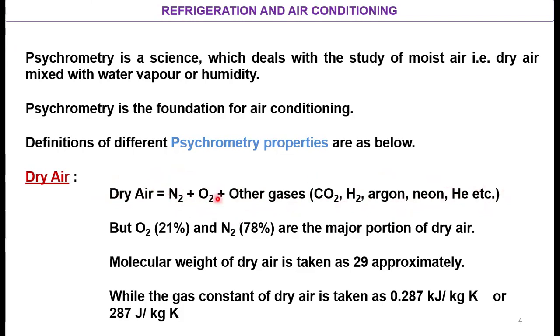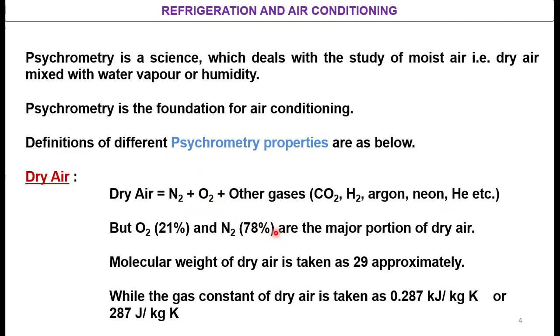And we know that out of this mixture, oxygen and nitrogen are the major composition, with major concentration, followed by the other gases which are present in very small quantity. Their concentration is very negligible, maybe less than 1%. Isn't it? If we see this number, nitrogen is the largest composition, around 78%, more than 77% to be specific.